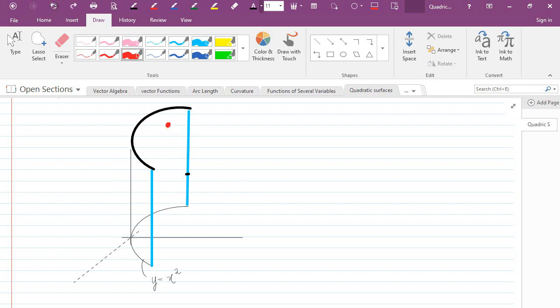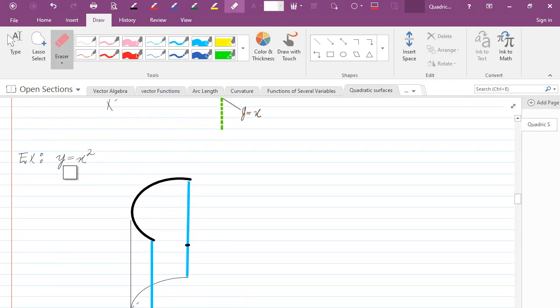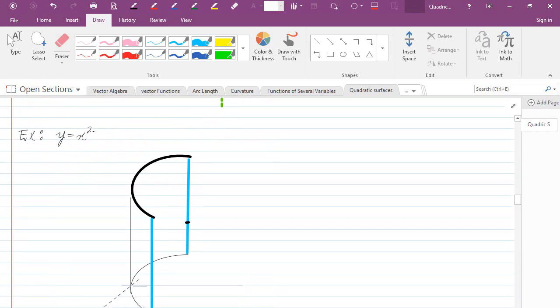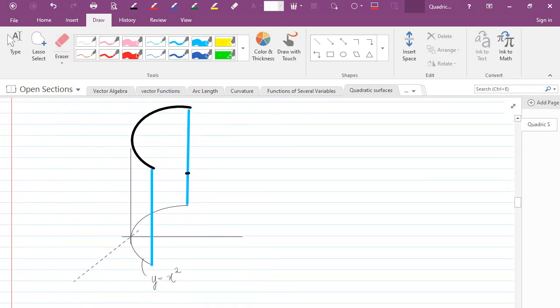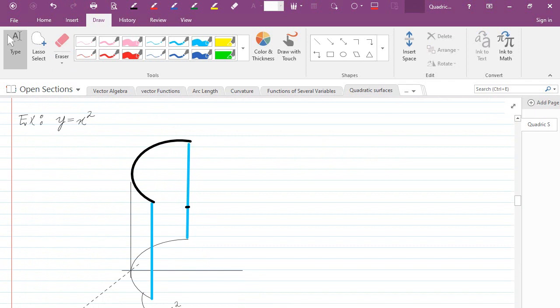On the other hand, I can also notice the following. Since again z is missing here, the traces in planes z equals k, that is, traces in planes parallel to the xy plane, will all be copies of the same parabola.